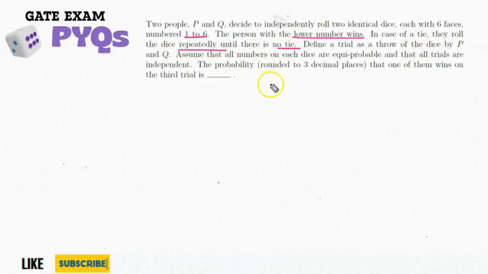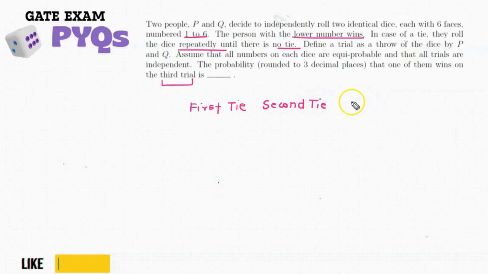What we have to find is the probability that one of them wins on the third trial. That means the first trial has to be a tie, as well as the second trial has to be a tie. Then only in the third trial will one of them win.